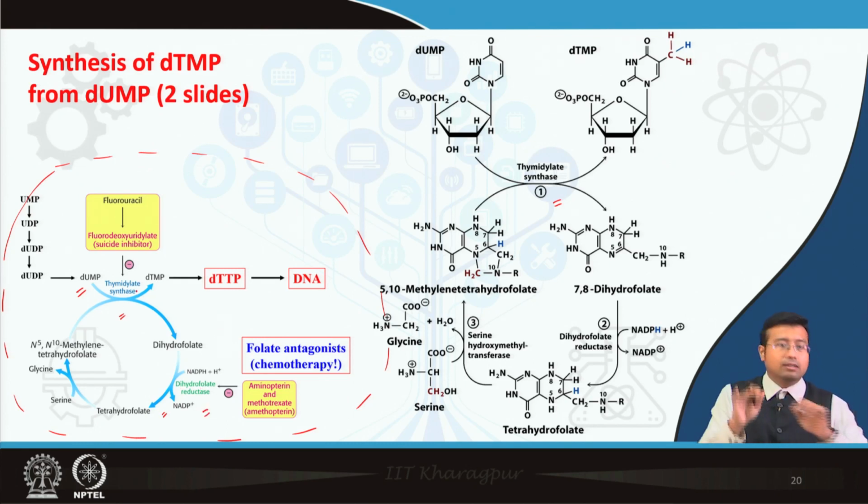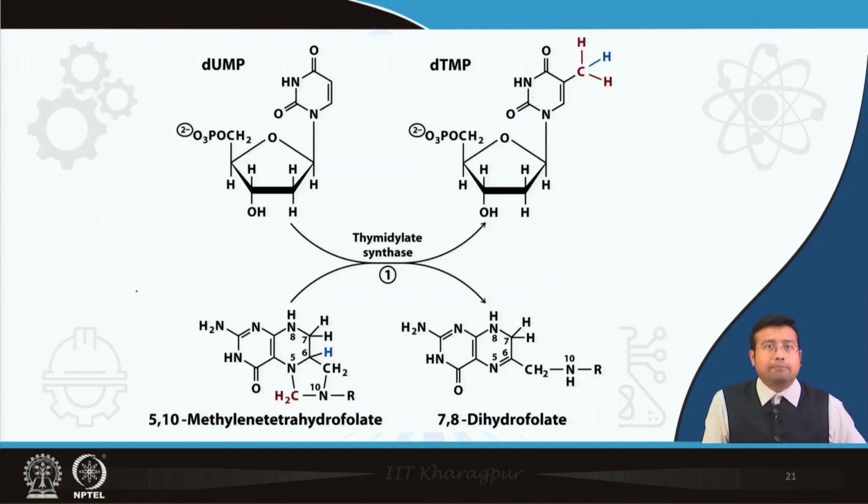So now let us break this reaction. Let us magnify the steps. So we got dUMP from two ways in the last slide. How can we convert dUMP, uridine, to thymine? I showed you in the very first slide of pyrimidine, by simply adding a methyl group.